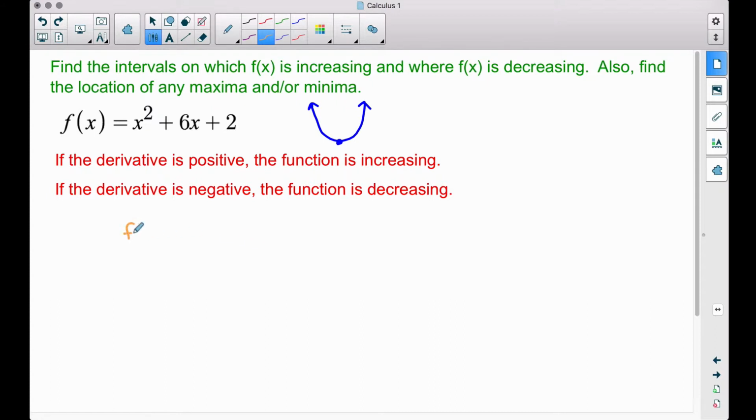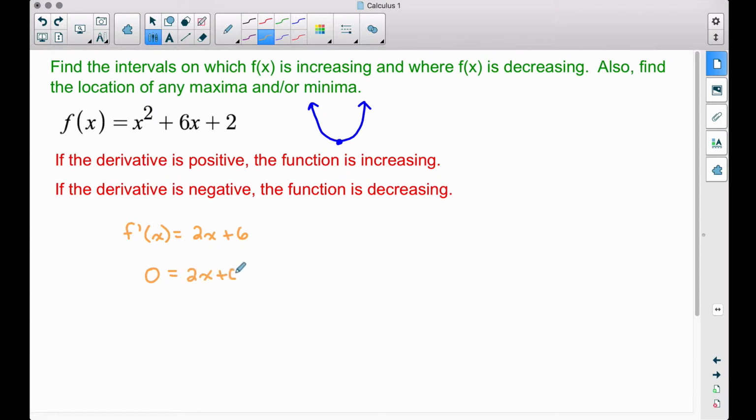Let's find the derivative of f of x. F prime of x is going to be 2x plus 6, just using your basic differentiation rules. We want to find what's called critical values. Critical values are when the derivative is equal to 0 or when the derivative is undefined. Now, this derivative, 2x plus 6, is defined for all x, so the only thing we have to worry about is when the derivative is equal to 0.